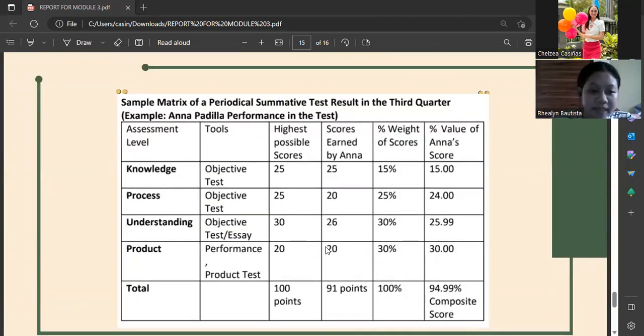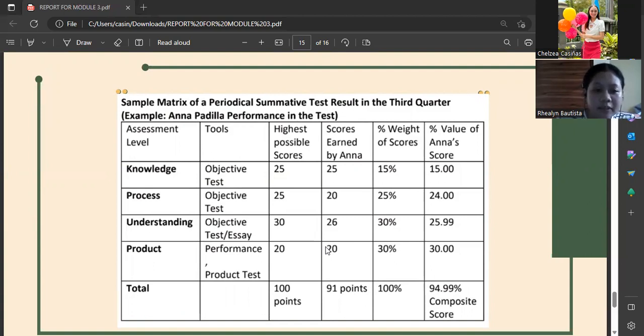Sample matrix of a periodical summative test result in the third quarter. Example of Ana Padilla's performance in the test. So, assessment level, katulad na kanina: knowledge, process, understanding, product, and ang tools is objective test, then for process, objective test or essay, sa understanding, sa product is performance or product test.